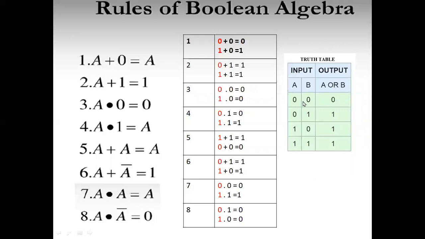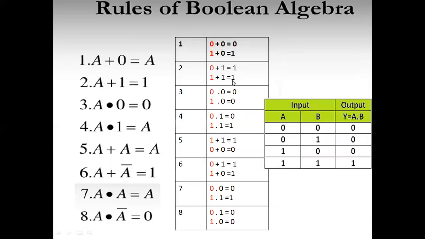So 0 OR with 0 is equal to 0. Then 1 OR with 0 is equal to 1. So when you perform A OR with 0, it is always A. Next, 0 OR with 1 is equal to 1. Then 1 OR with 1 is equal to 1. That means A plus 1, that is A OR with 1, is always equal to 1.